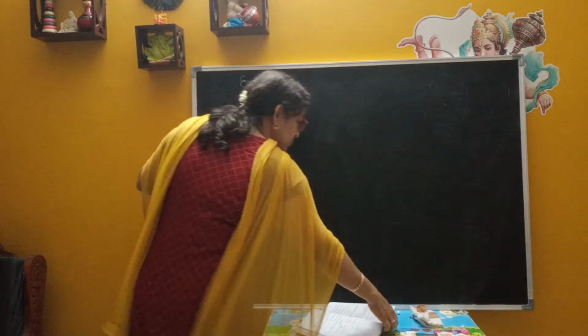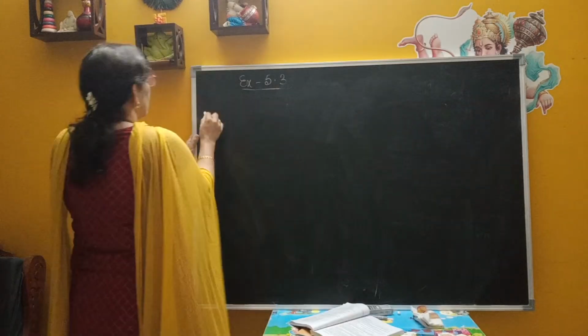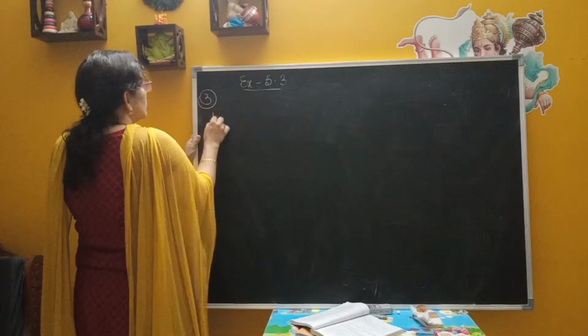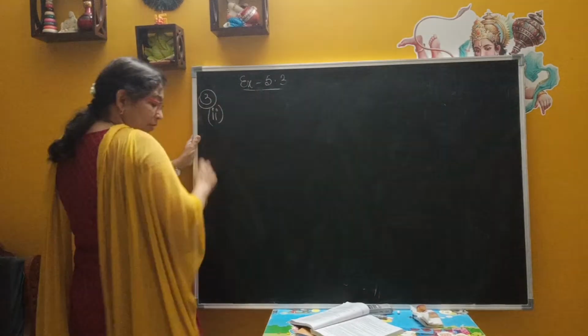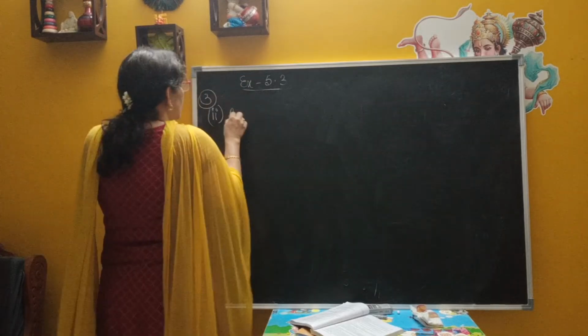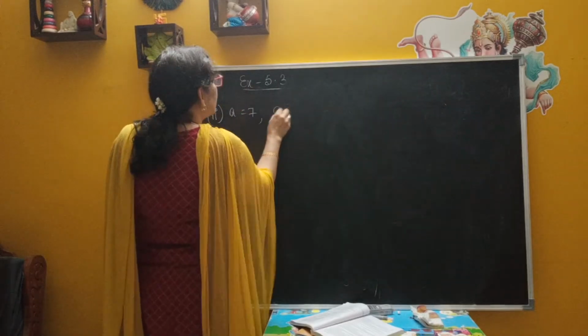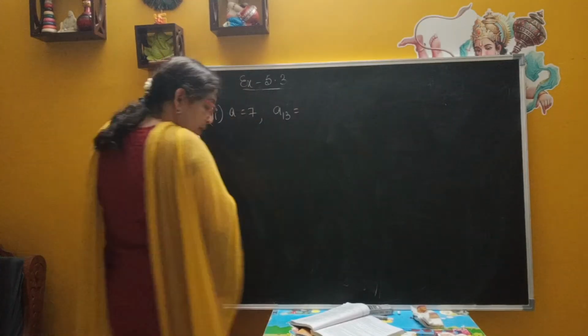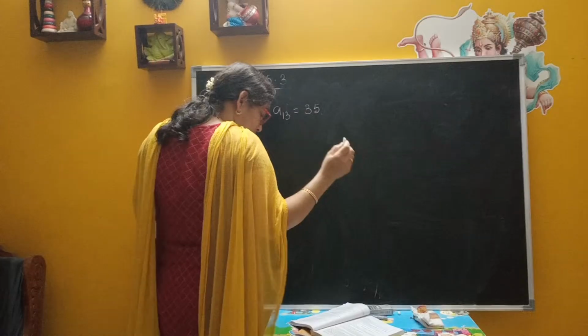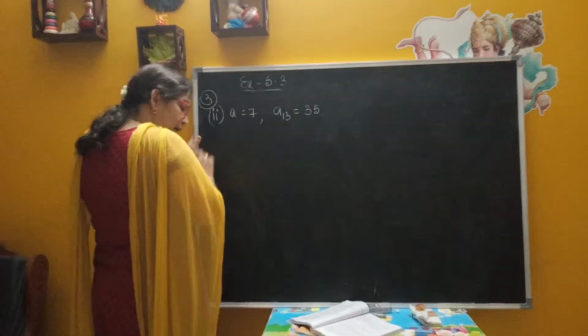First thing, given A is equal to 7, A13 is equal to 35, and to find D and S13.